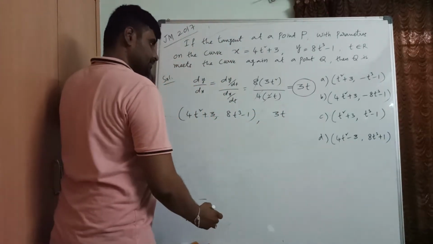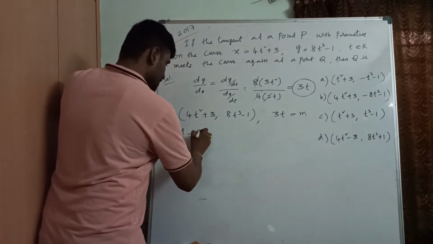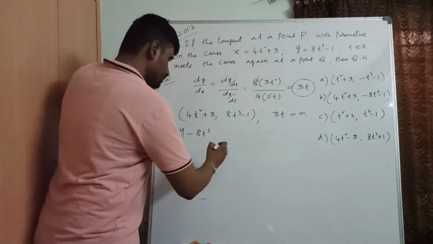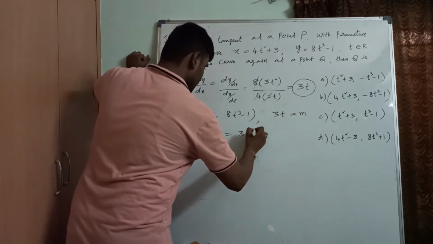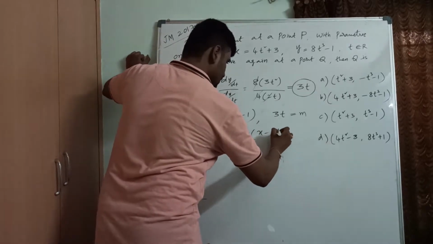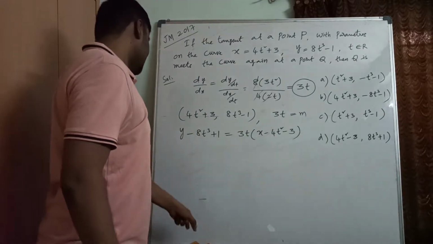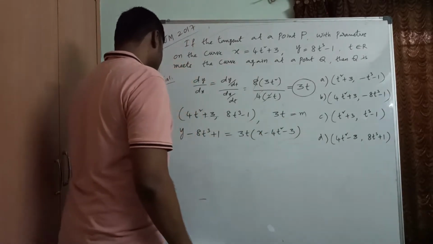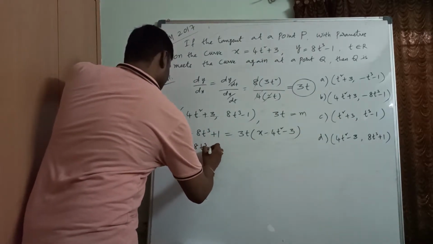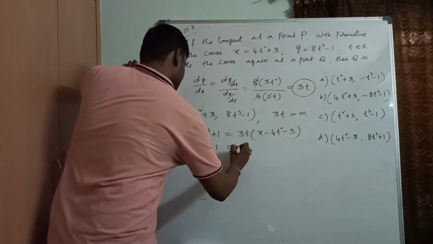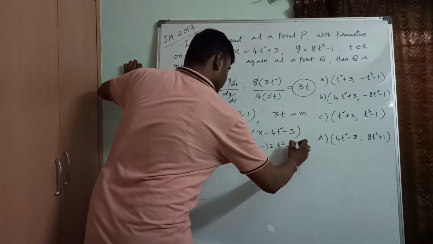Now let us find the equation of the tangent. This is the slope. So y minus 8t cube plus 1 equals m into x minus x1, that is x minus 4t square minus 3. Multiply the minus inside. Now multiply inside: 3xt minus 12t cube minus 9t.